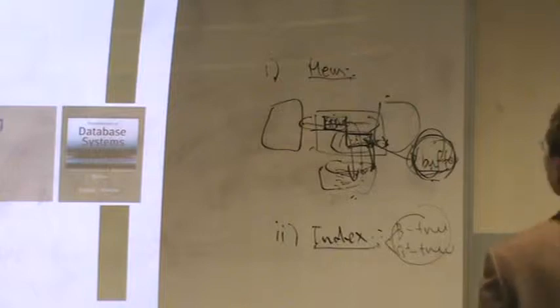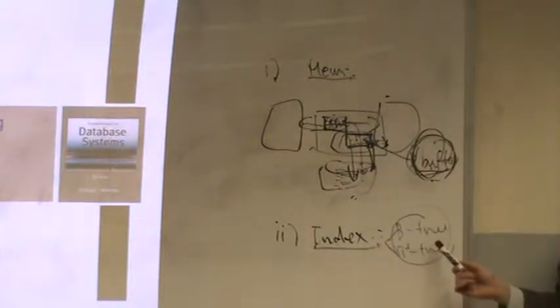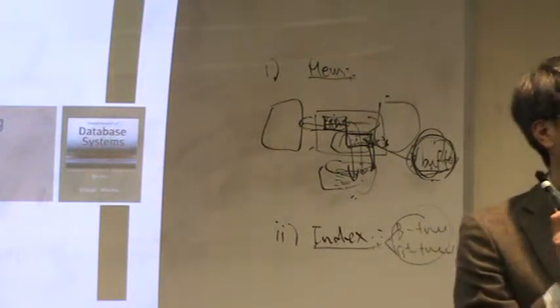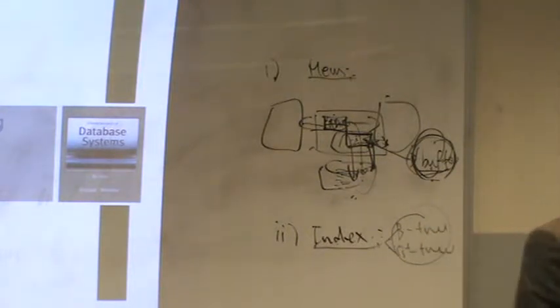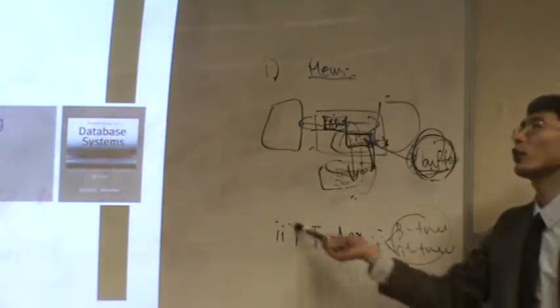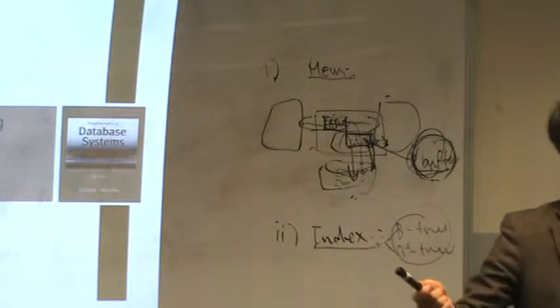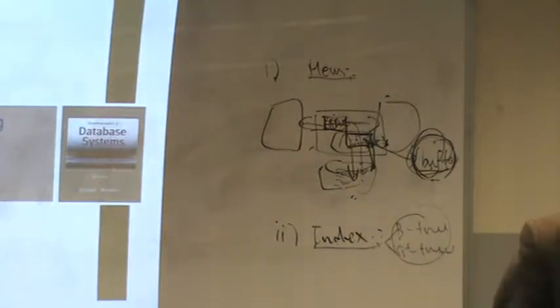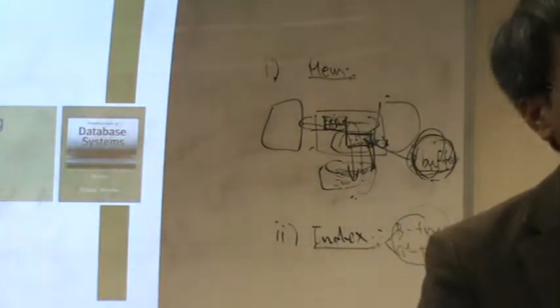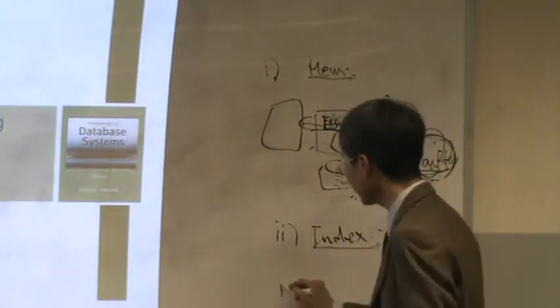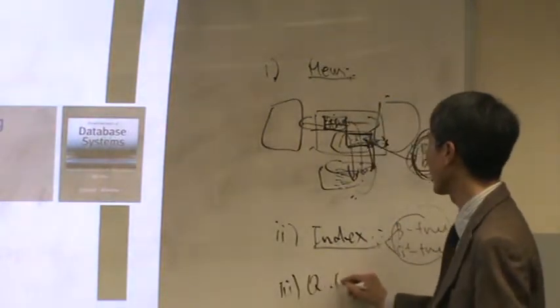Anyway, there are two main approaches to speed up the DBMS system. There is another one. It does not directly speed up the retrieval time, but it affects the total amount of time to retrieve the data. That is the query optimizer.